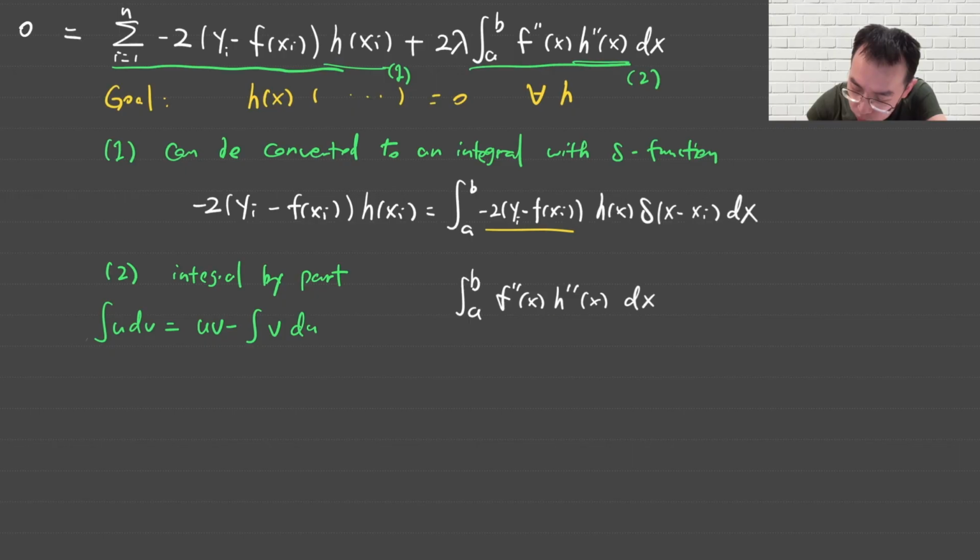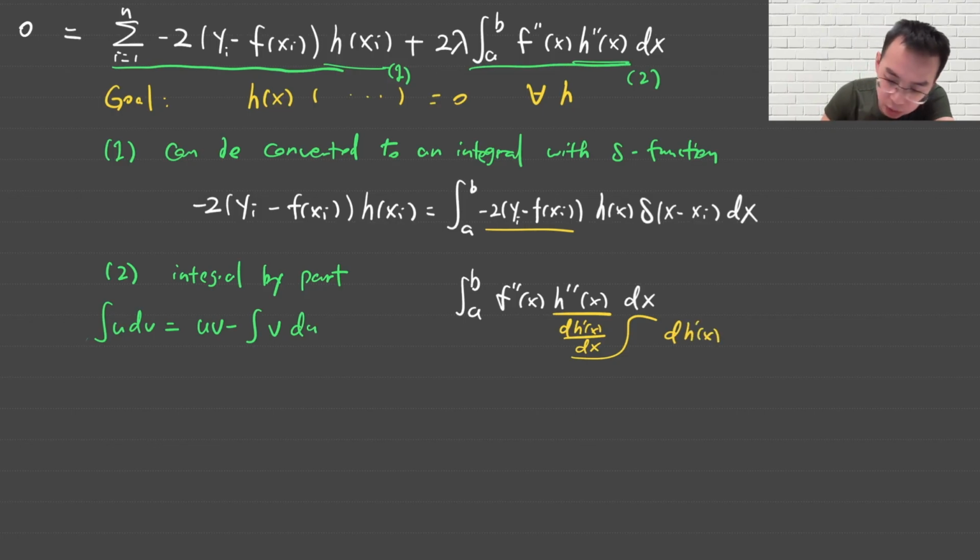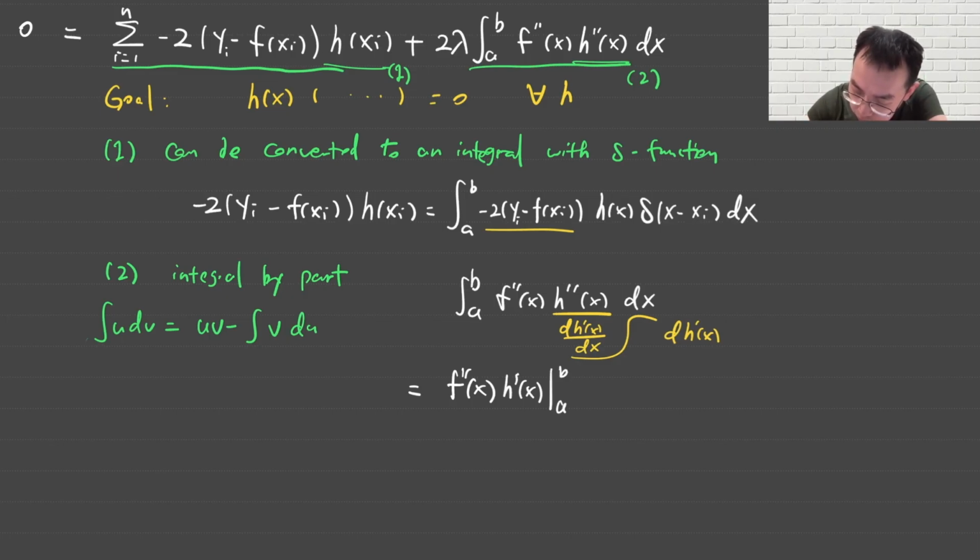Here we can rewrite h prime prime of x dx as d h prime of x. Now let's apply the integration by parts formula: f prime prime of x, h prime of x, evaluated from a to b, minus the integral from a to b of h prime of x d f prime prime of x.